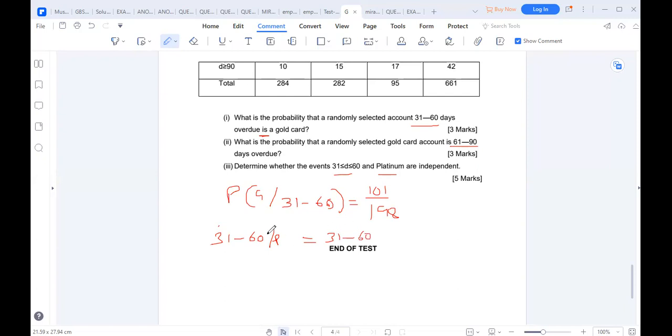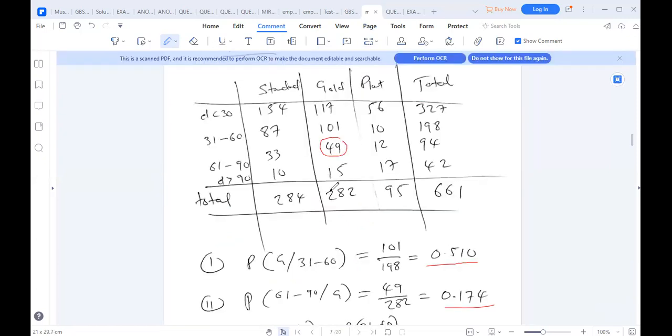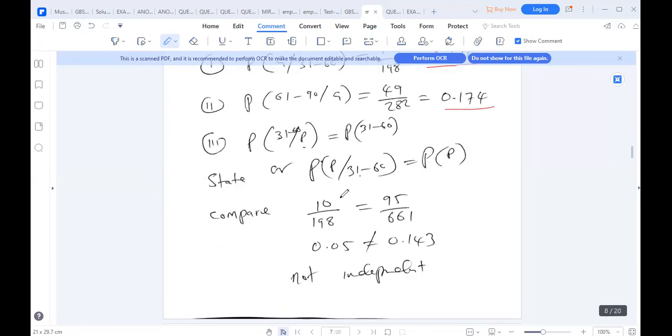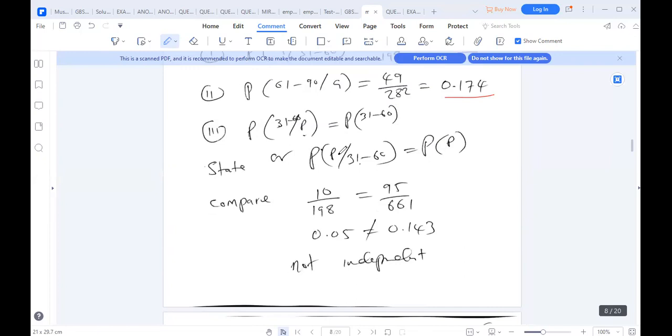Maintain the top one; this one must always be maintained. Since we're using letters, you can use P over 31 to 60, which should be equal to P, maintaining the top one. You can use either of them. In this case, I chose the bottom one, P given 31 to 60.